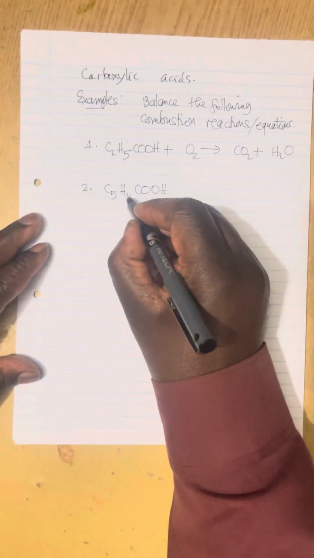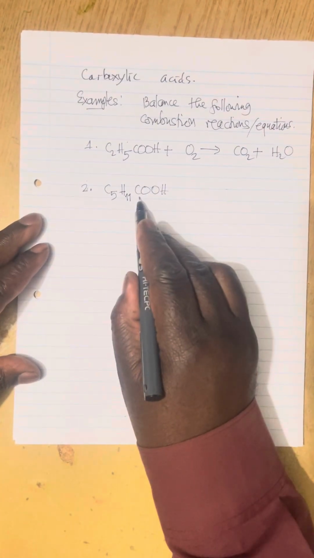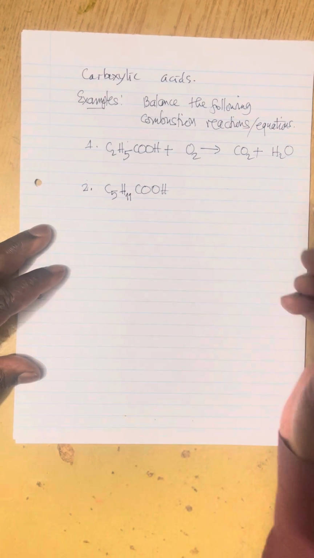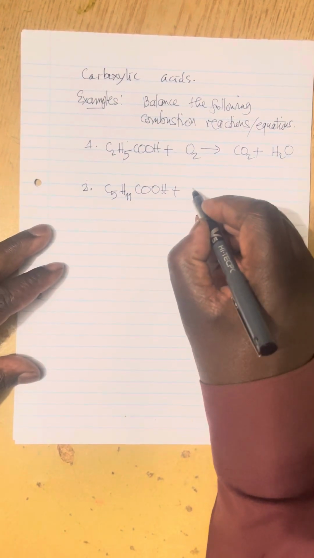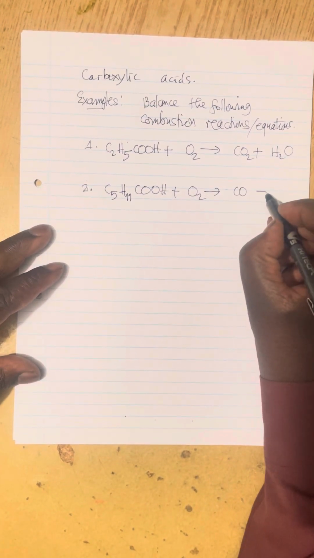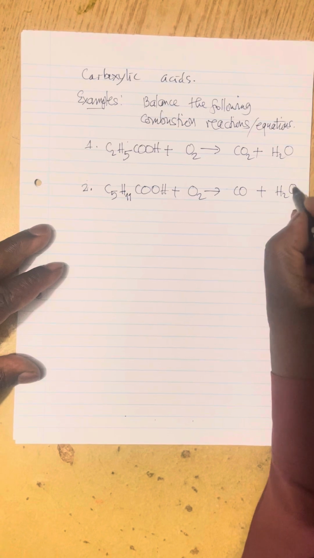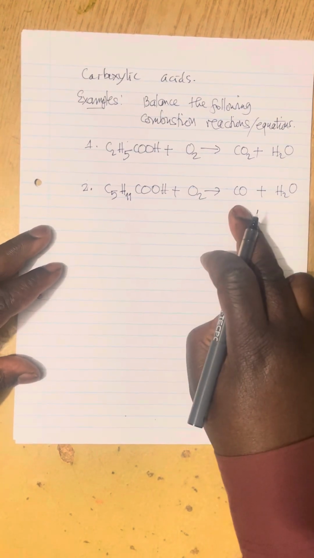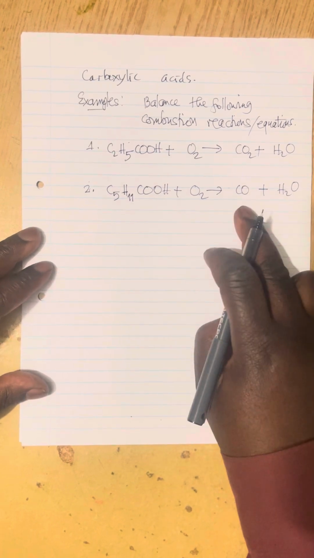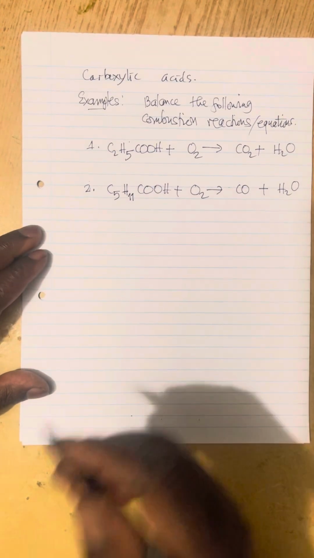That's hexanoic acid because it has 6 carbon atoms. So hex is 6, pent is 5. Combining with oxygen, let's say that we produce carbon monoxide plus water. So this is incomplete combustion, because remember, the products of incomplete combustion are either carbon monoxide and water or carbon and water. Now let's look at the answers.